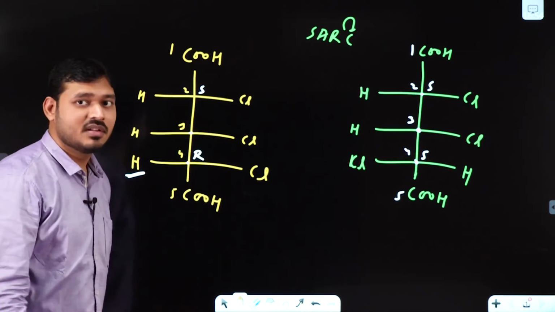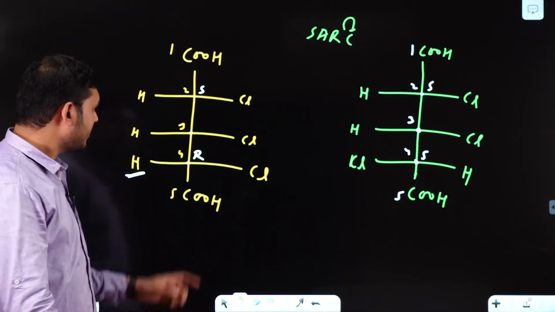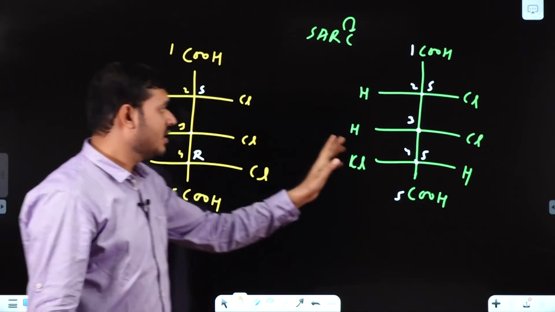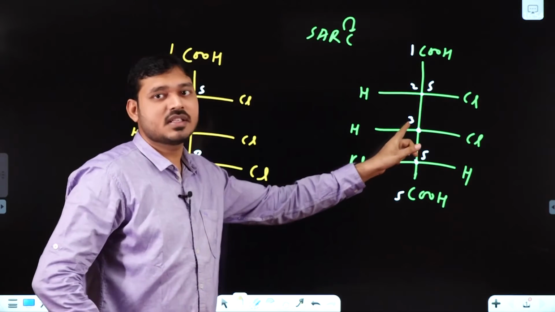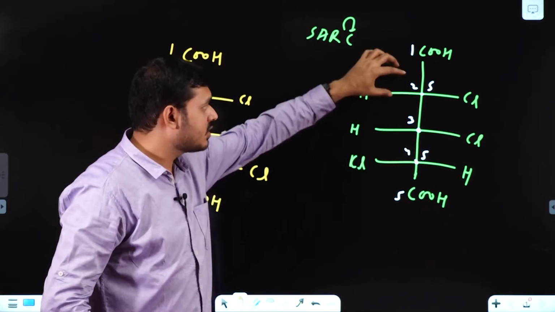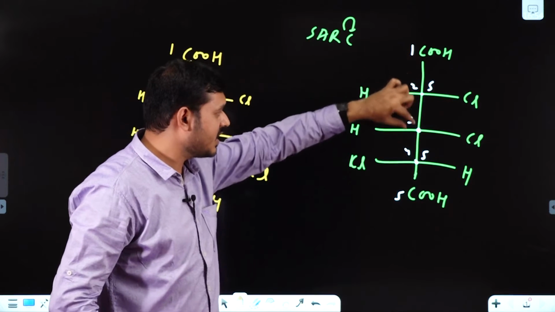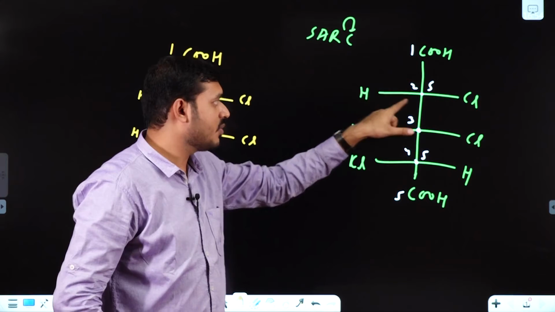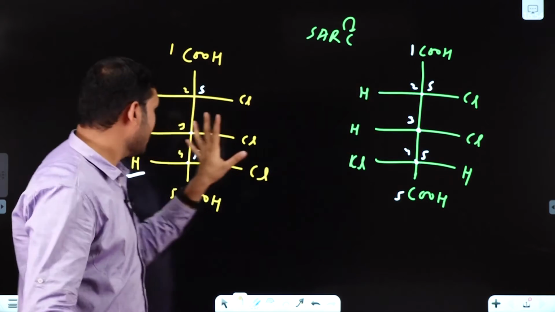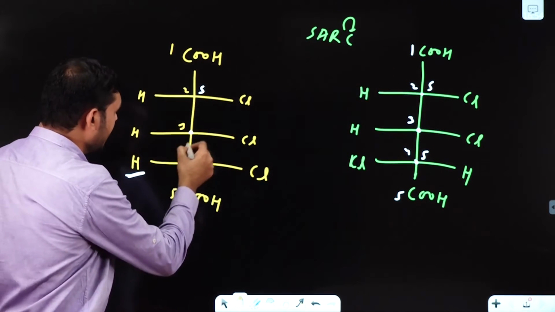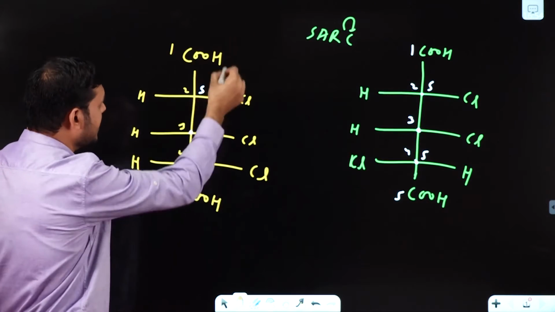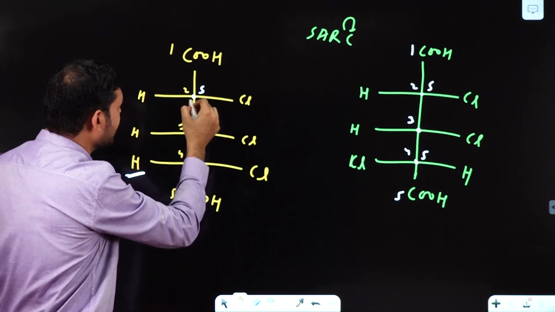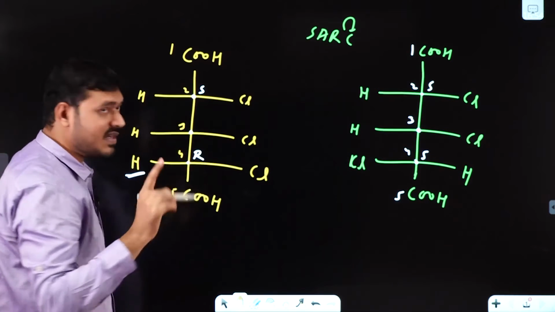Now students, let's see that in this particular case, here this carbon was not behaving as a chiral center. Why? Because at second S configuration, at fourth S configuration, and this entire portion was same. Now here also for the third carbon, this entire portion and this entire upside portion is same, but the configuration across second carbon and fourth carbon is different.